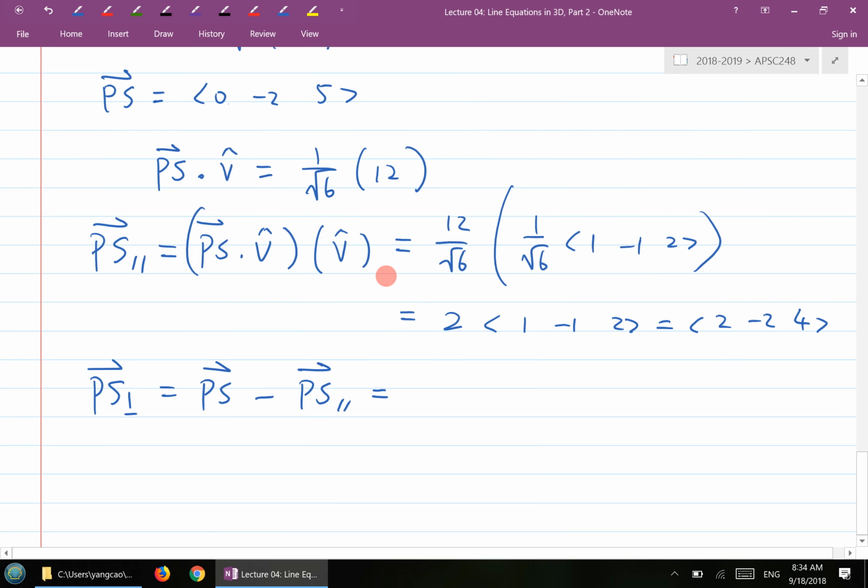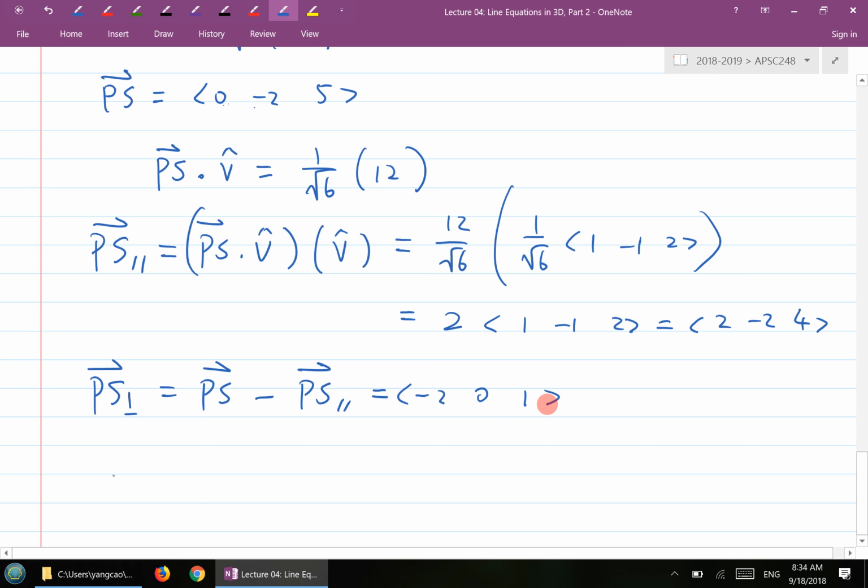PS is already here, PS parallel is here, so this minus 2, negative 2, that minus that, which is 0, and 5 minus that is 1, so it's negative 2, 0, 1.